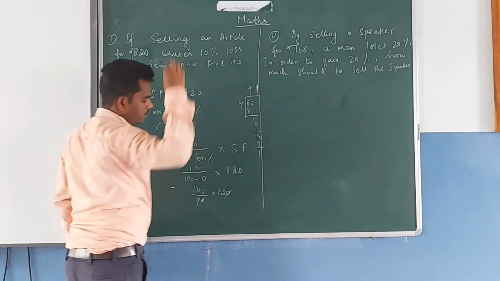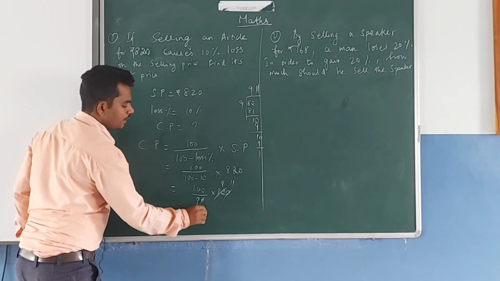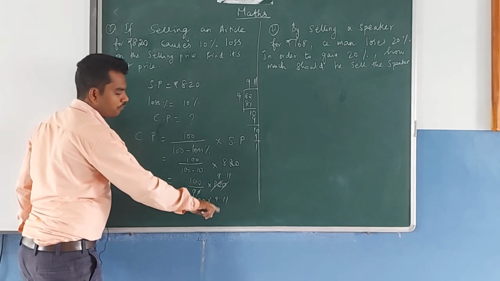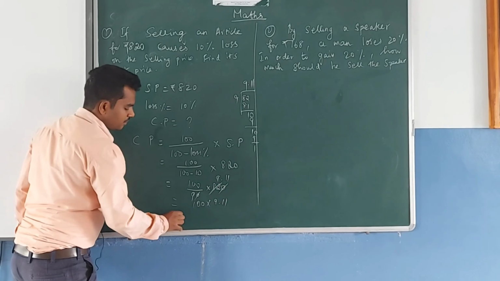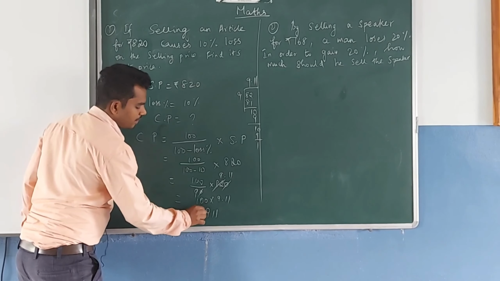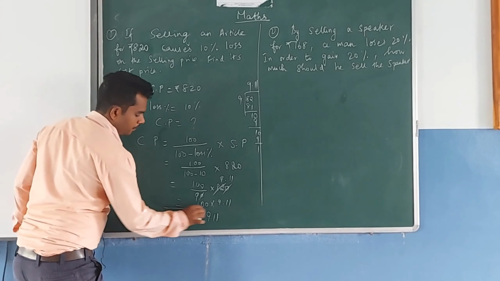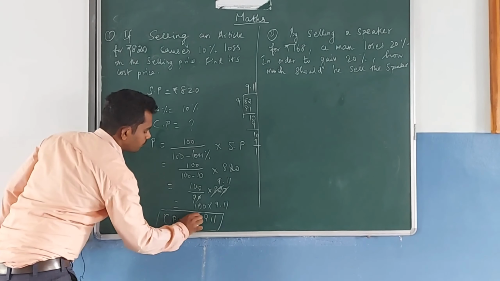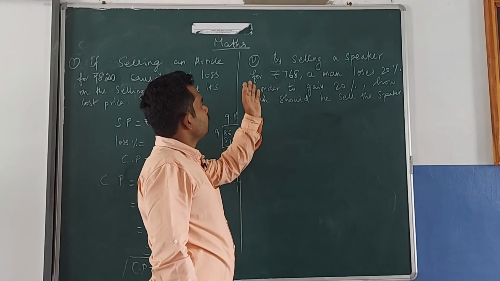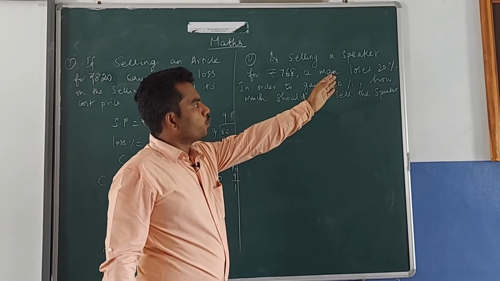So it goes on. So the cancellation is 9.11. So 100 into 9.11. So here 2 zeros are there, so you have to move 2 places to the right side. So the answer is 911. Okay. So the cost price is rupees 911.